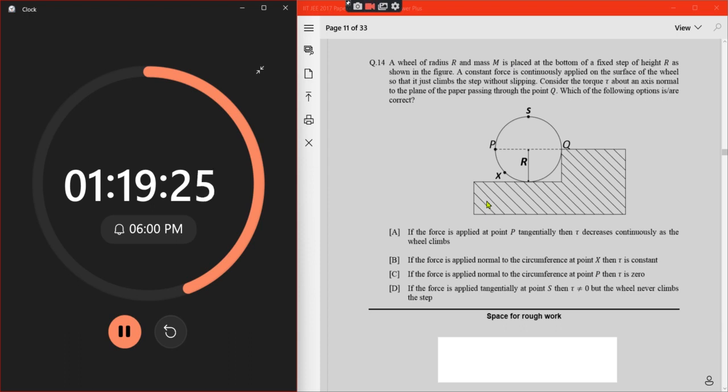And there's gravity and whatnot. If the force is applied normal to the circumference at point X, then tau is constant. पर ये टाउ किसका है? ये टोटल फोर्स का है कि क्या? This is just this force, और व्हाट, उसका ग्रेविटी और समथिंग.